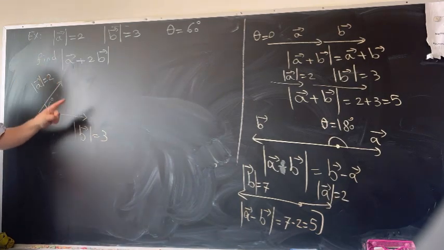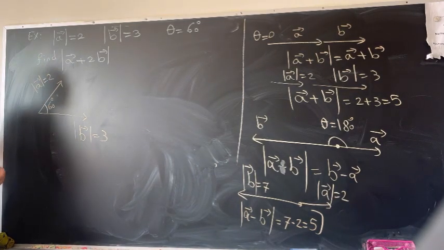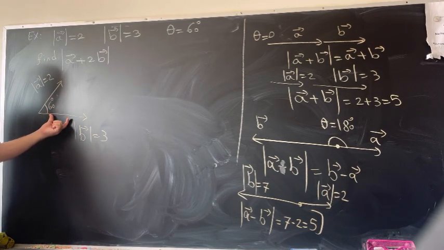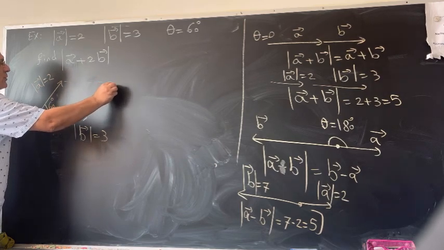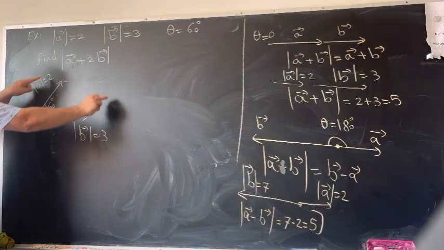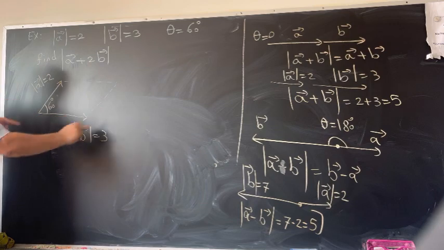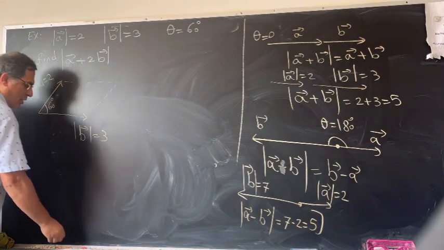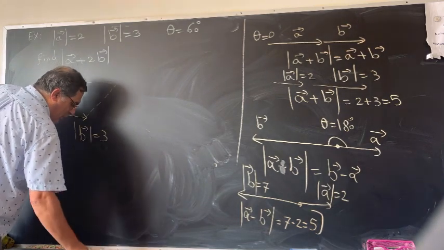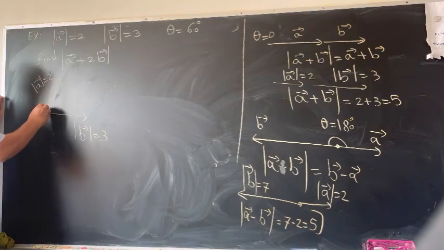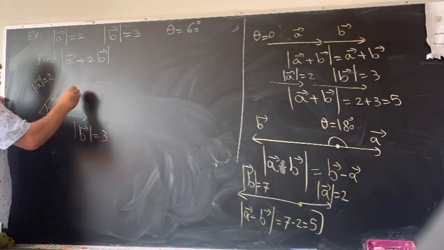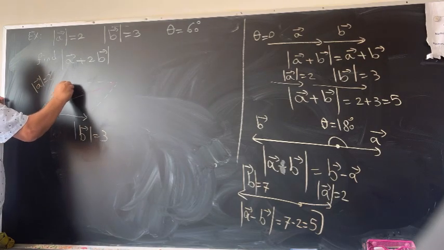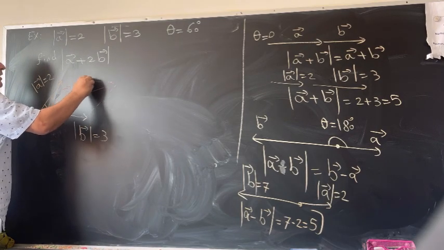You have to make the parallelogram: draw the same size and parallel, and connect to the second vector. The diagonal between the two vectors is the addition or resultant.